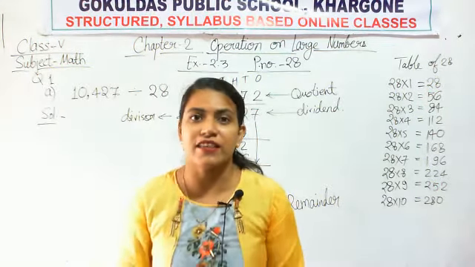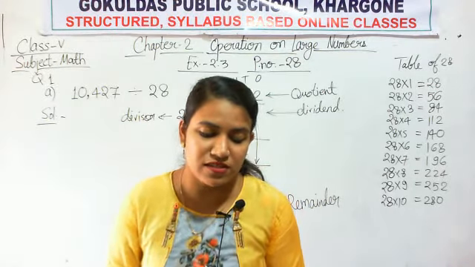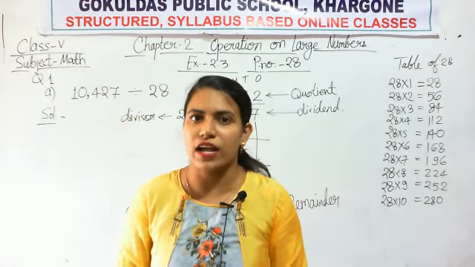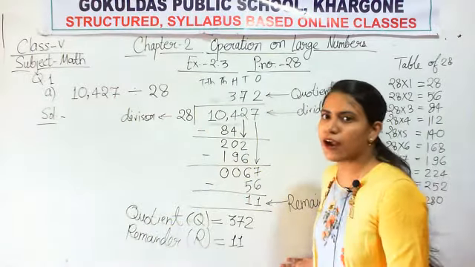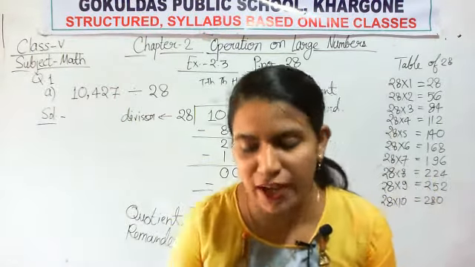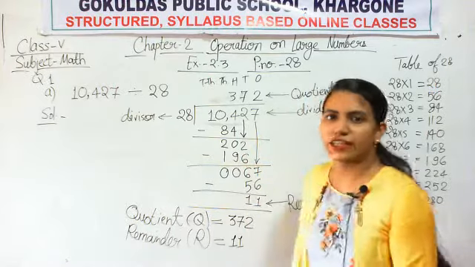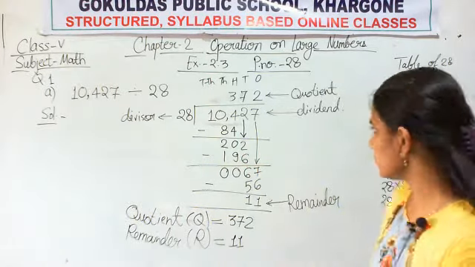We have not completed the question. Remember, your question says divide the following and check your answer. So we have done the division part only. Now you have to check also whether your answer is correct or not.